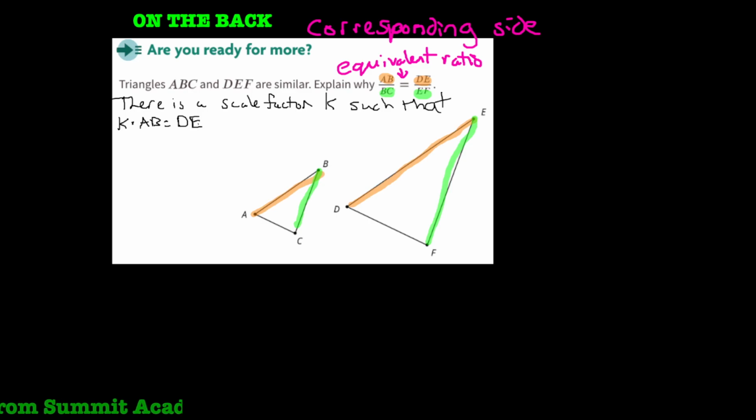DE. Then we could say, if we take that same scale factor and multiply the green side, which we say is BC, so if we take k times BC, we would get our corresponding side length, which is EF.